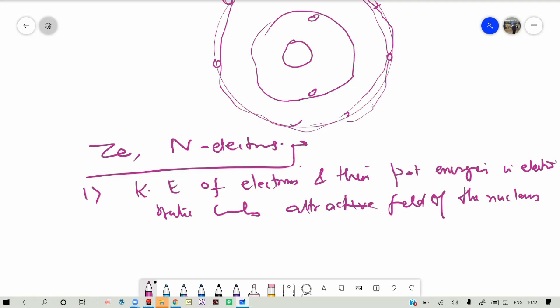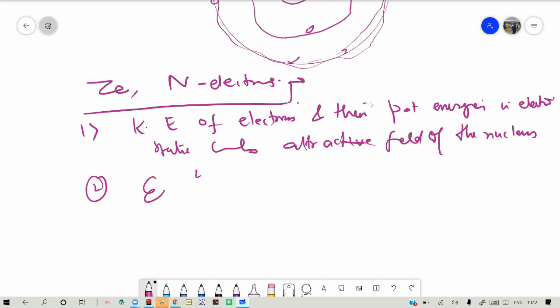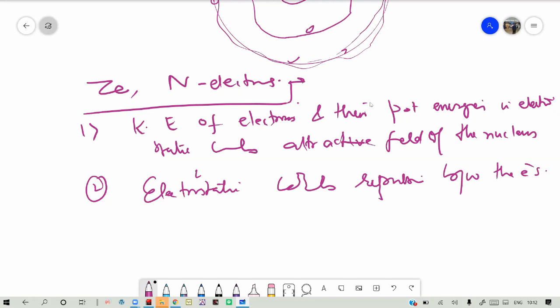This is one. The second point is that they may have the electrostatic Coulomb repulsion between the electrons. One is between the electron and the nucleus, positive and negative.